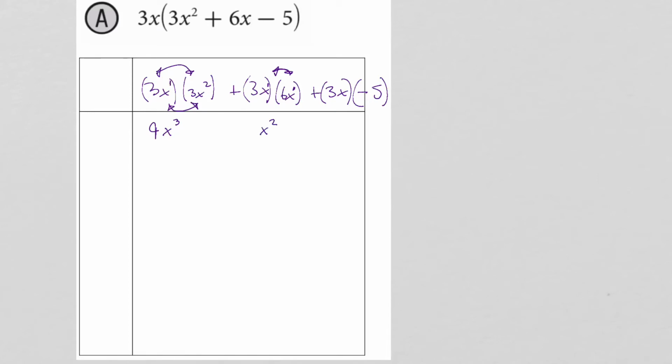So that's going to be x squared. And then 3 times 6 is simply 18. And then here we have minus 15x. If you're wondering how I got x to the third, it's x to the 1 plus 2, times 9. And if you're wondering how I got x squared, x to the 1 plus 1 times 18. And then here there was no other variable. That's simply the minus 15x.